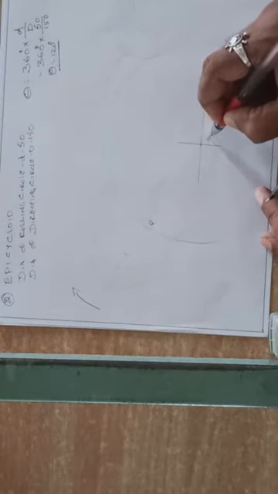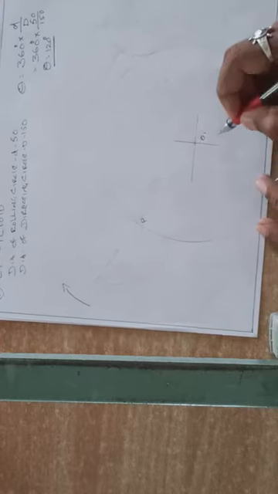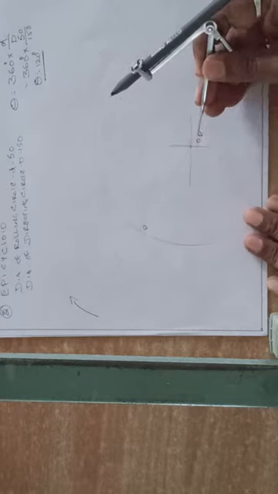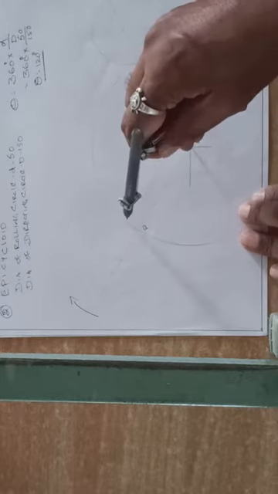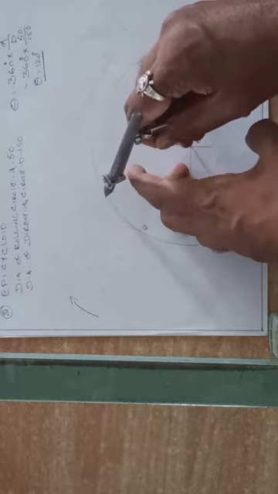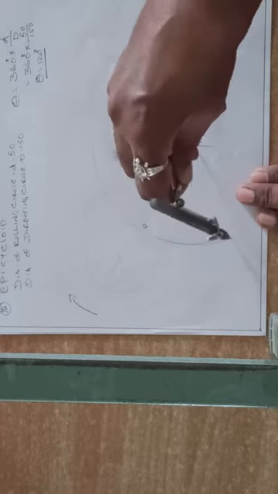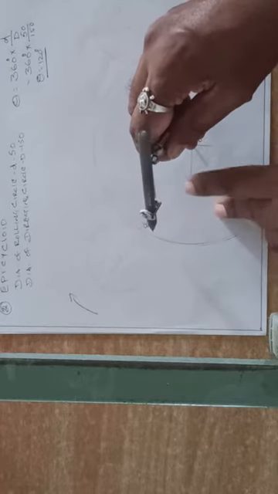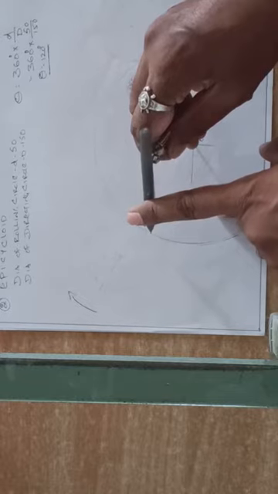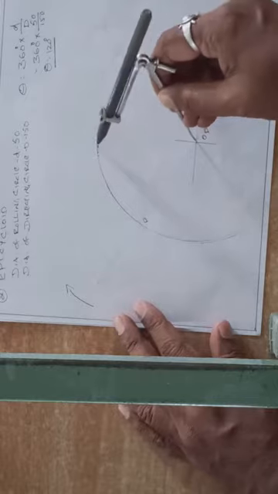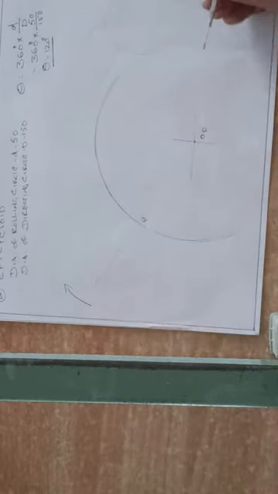The center you can take as O1, or you can take OD also, that is the center of the directing circle. With this center and radius equal to 75 mm, draw a thick circle or a part of a circle. A little thick circle. You can draw the complete circle or you can draw part of the circle.